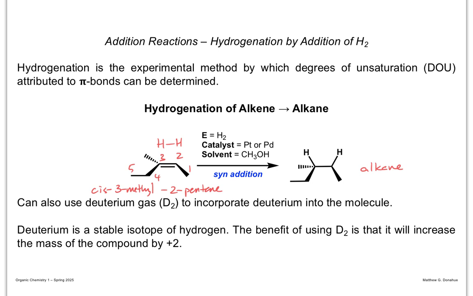The timing of the reaction is synchronous, so each H adds to each carbon at the same time from the same face, so that's called a syn addition. This is the reaction that's used experimentally to determine degrees of unsaturation, which we've talked about quite a bit this semester.